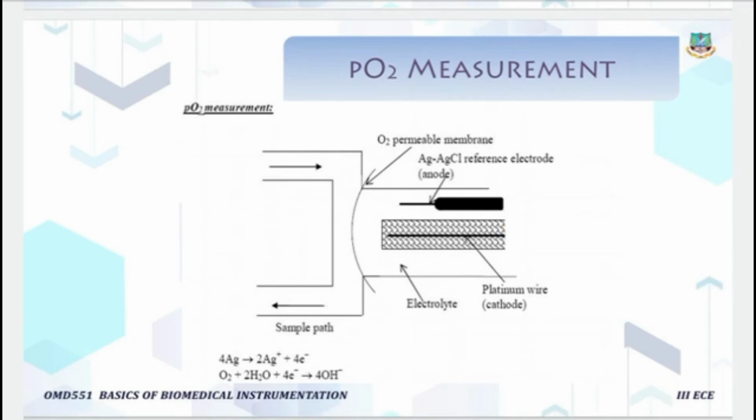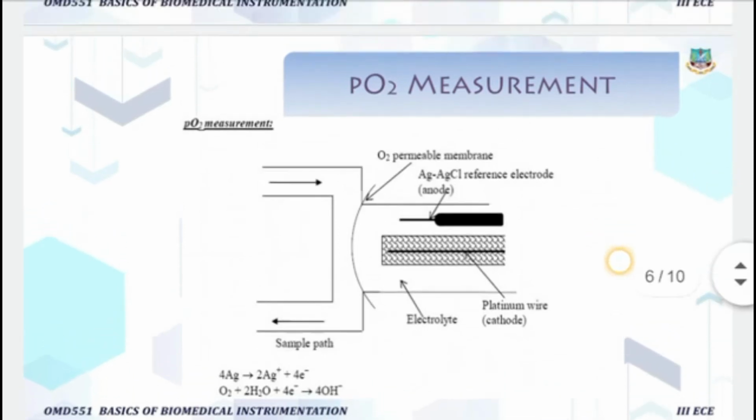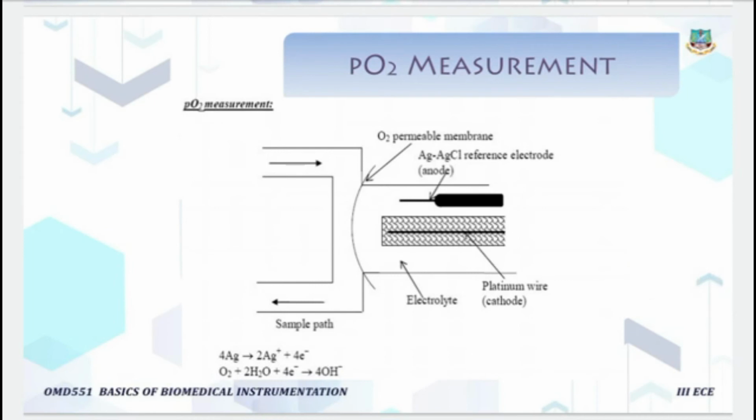So it is proportional to the quantity of the gas present in the blood. This current generated depends on the quantity of the gas present in that blood sample. This is about the partial pressure of oxygen measurement. So here we are using a reference electrode and a platinum electrode, both inserted in an electrolyte solution which is covered by an oxygen permeable membrane.